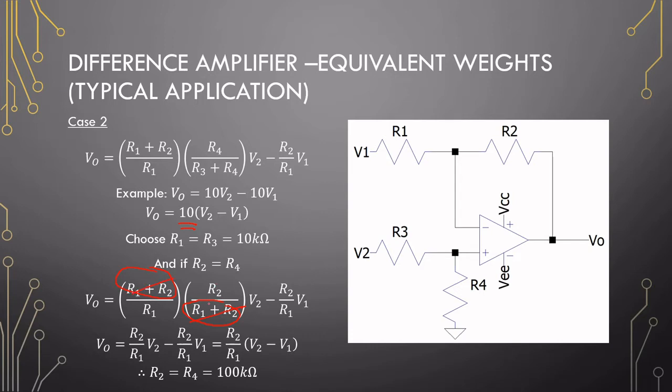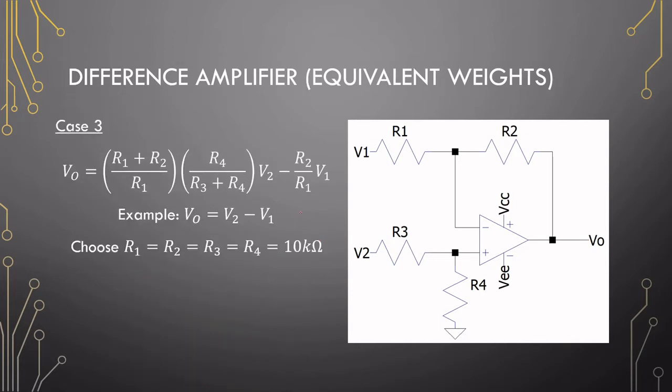And with a cancelling, we have R2 over R1, and here we have R2 over R1, giving us a similar resistance ratio for both sides, and then R4 also becomes 100 kilo ohms in this problem. So this is kind of a simple, straightforward design. Choose the resistors to be the same, and finished.